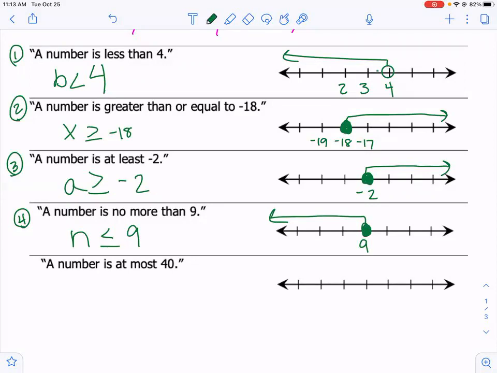Okay. A number is at most 40. You write it down. Let's use F. At most. The most that I can be is 40. Tyler, what did you write down?